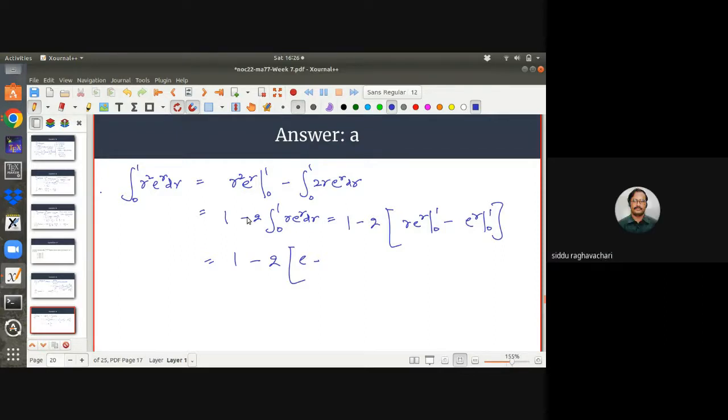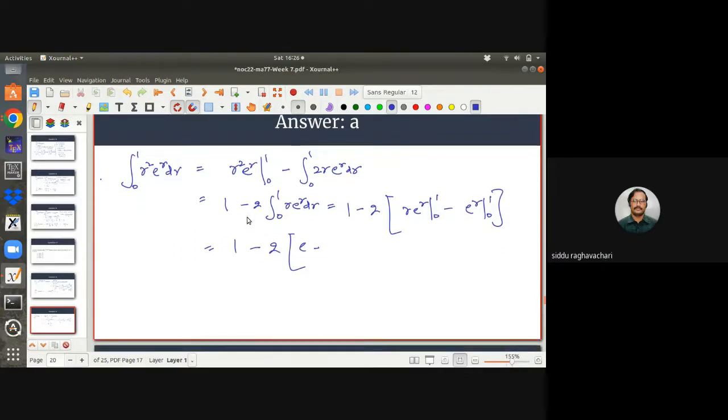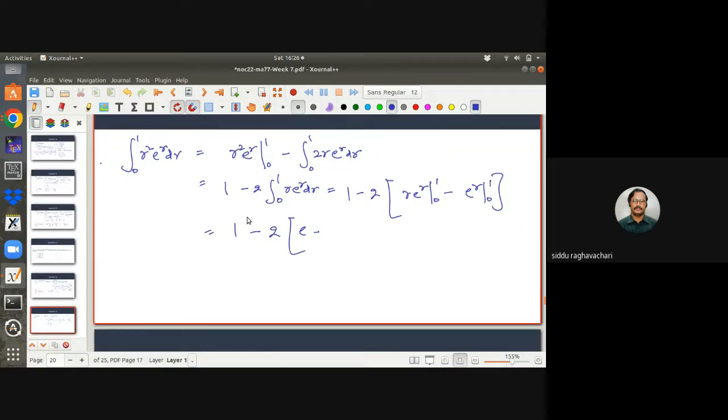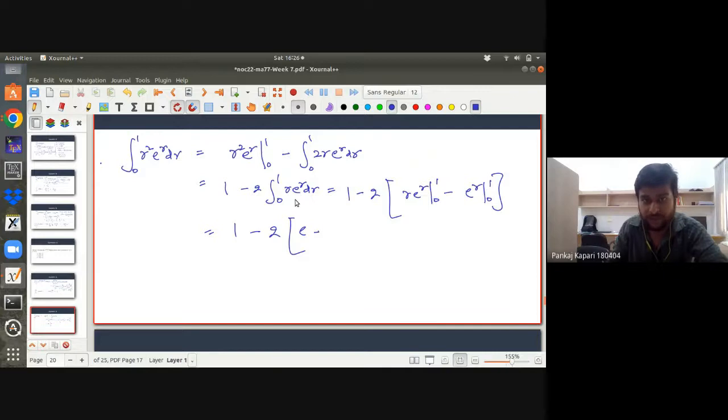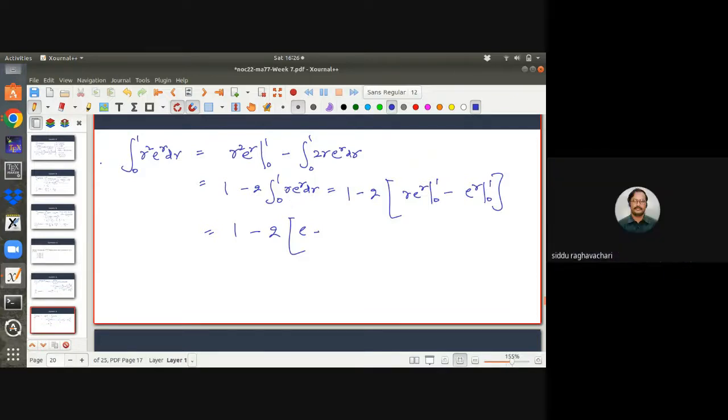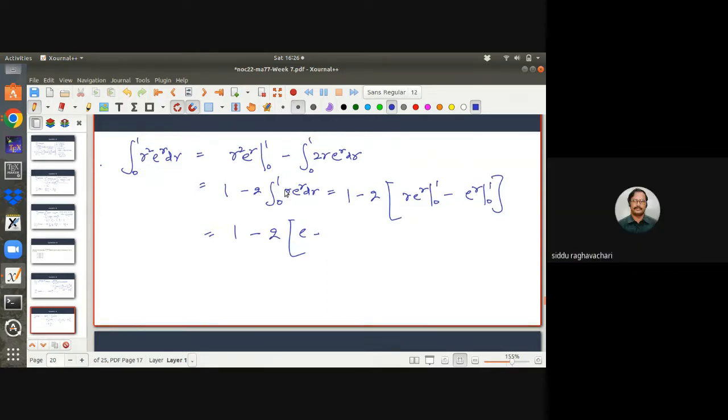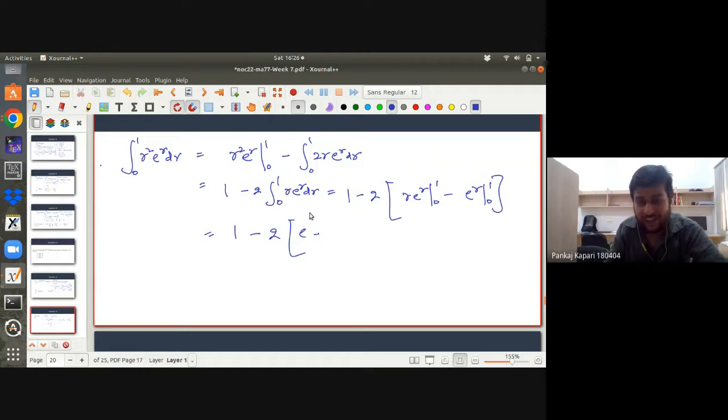Without using by parts, we can find it by direct integration. I don't remember all these formulas, so I'm doing this directly with the formula. So whatever I have written, is this correct, right?